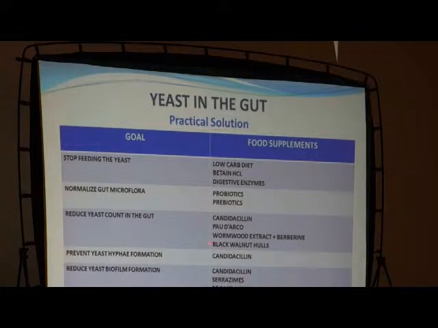And these products include probably well recognizable names such as Pau d'arco, which is a very popular extract from an Amazonian rainforest tree. Wormwood extract is a Chinese product, and the active ingredient is called artemisinin. Berberine works extremely well against the yeast, as well as black walnut hulls.